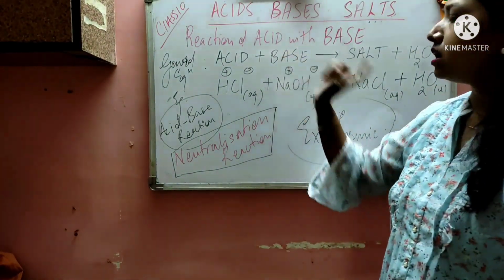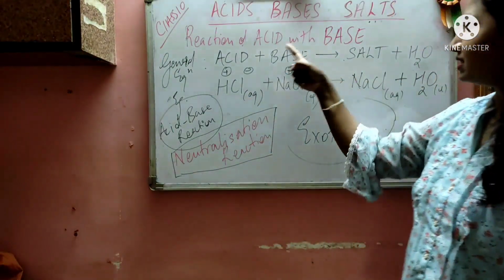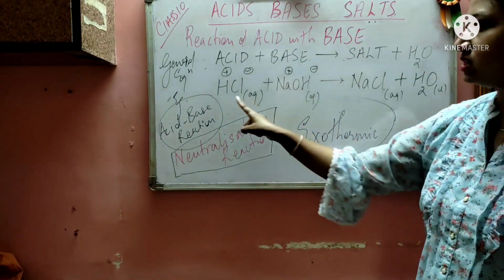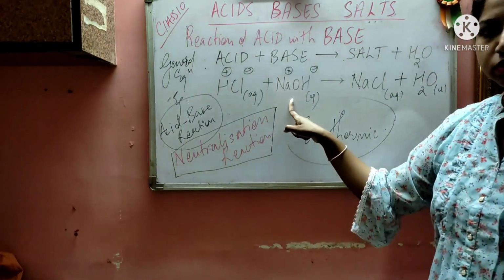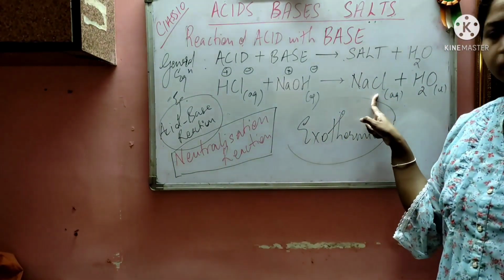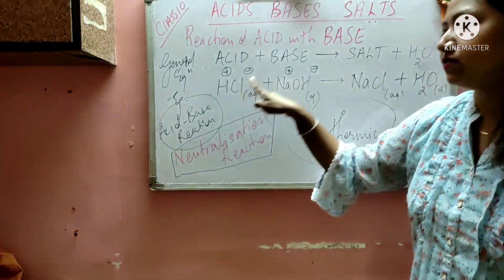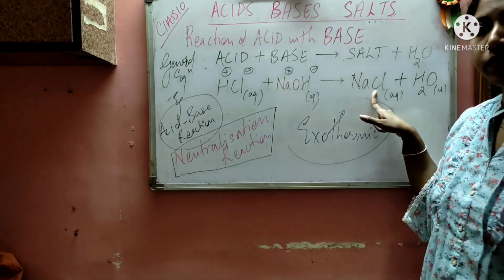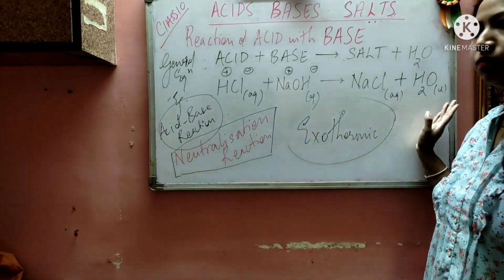Acid when reacts with base, what you get is salt and water. The reaction we saw is hydrochloric acid reacting with sodium hydroxide, and you get sodium chloride and water, that is salt and water.